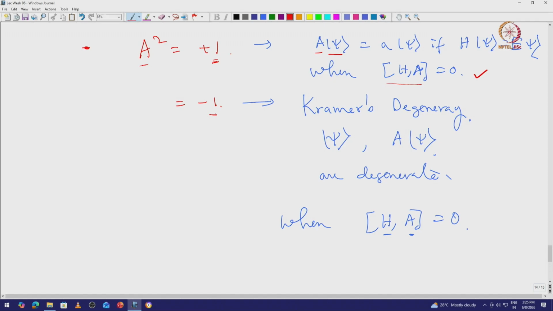That means A commutes with H. In the second case, when A square equal to minus 1, even when A commutes with the Hamiltonian, A psi and psi are no longer the same state; rather, they become orthogonal to each other and they are degenerate. As far as the Hamiltonian goes, they have the same eigenvalue.